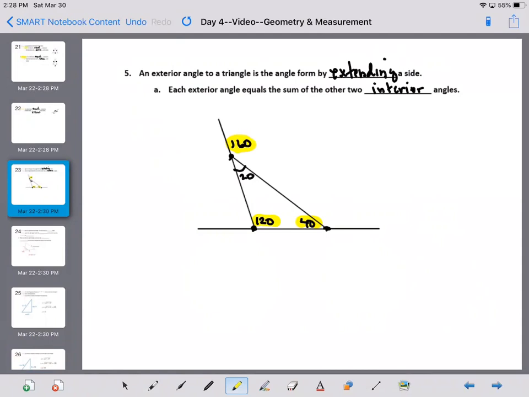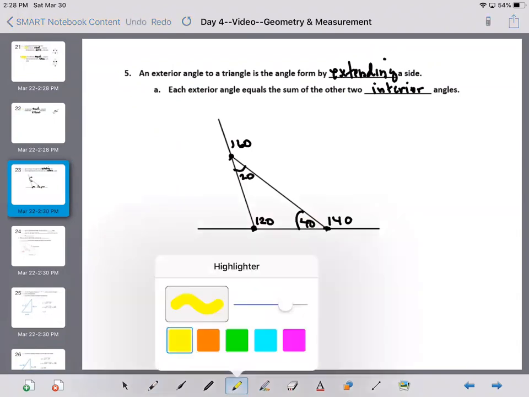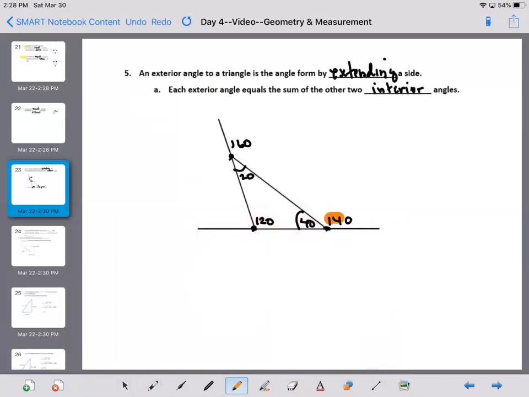All right, let's look at another color here. If this one's 40, then this one has to be 140. And if this one's 140, notice that the other two, 20 plus 120, equal 140.